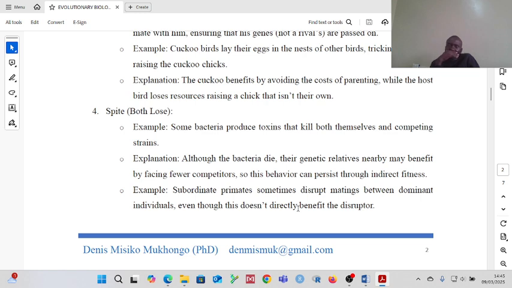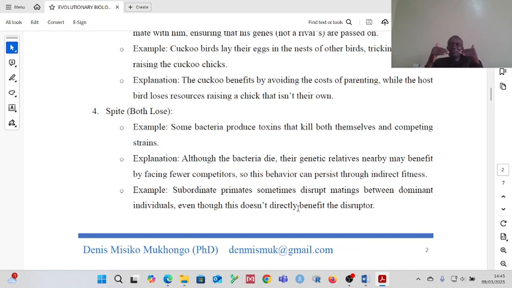At times, within the primate social order, we have the dominant individuals and the subordinates. Some of these subordinates might disrupt matings between dominant individuals.